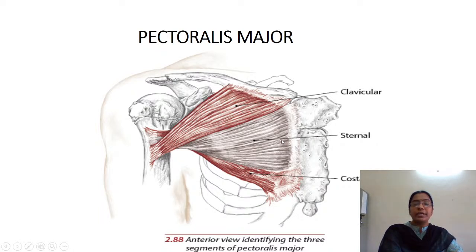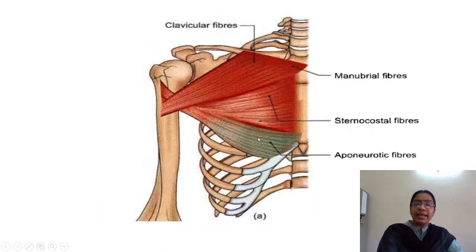It consists of two laminae, the anterior lamina and the posterior lamina. The anterior lamina of the pectoralis major includes the clavicular fibers, the manubrial fibers from the manubrium of the sternum, and some fibers from the costal cartilages, that is the sternocostal fibers.